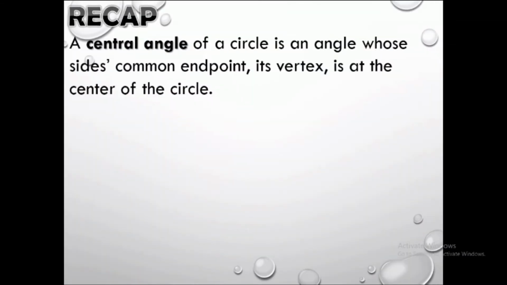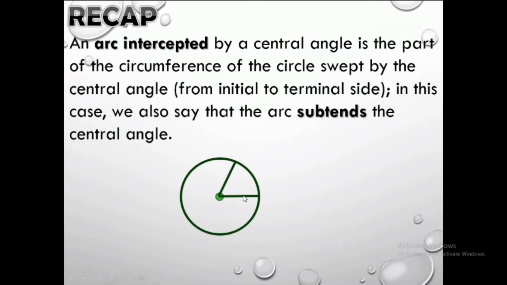A central angle of a circle is an angle whose sides' common endpoint, its vertex, is at the center of the circle. An arc intersected by a central angle is the part of the circumference of the circle swept by the central angle from initial to terminal side. In this case, we also say that the arc subtends the central angle.